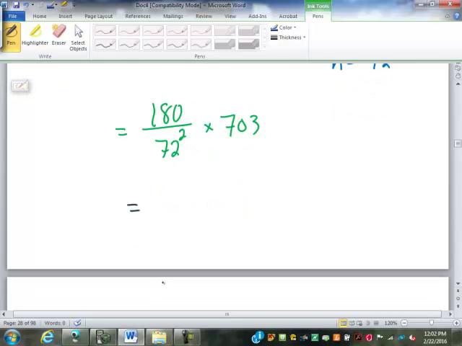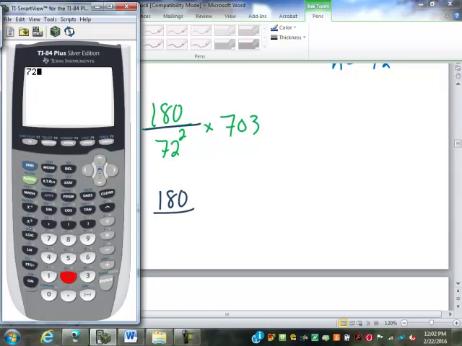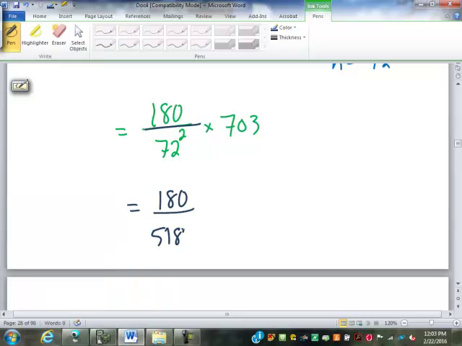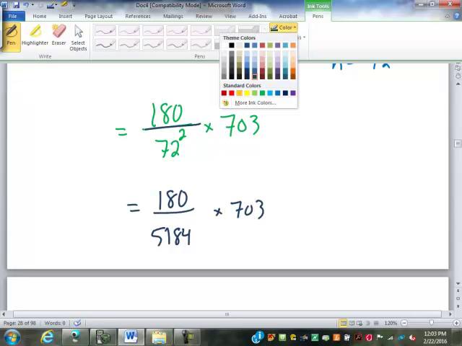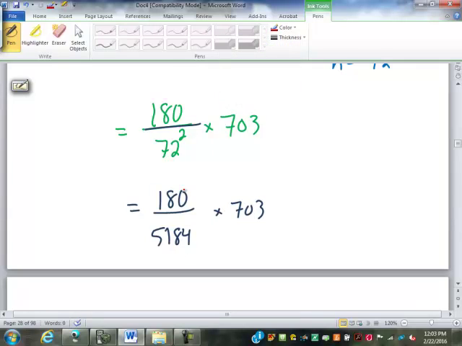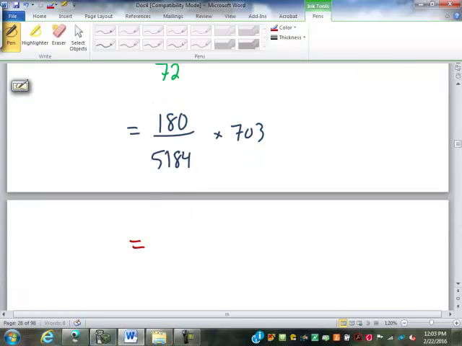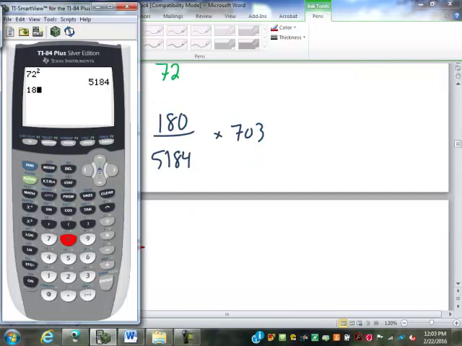In this fraction, the bar says do everything on top first, so there's nothing to do on top. Then we do everything on the bottom, which will be 72 squared, so 5,184. Now that we have everything on top and bottom of that fraction done, we can divide it out. So 180 divided by that, I'm going to use my answer function so I don't have to punch it in.